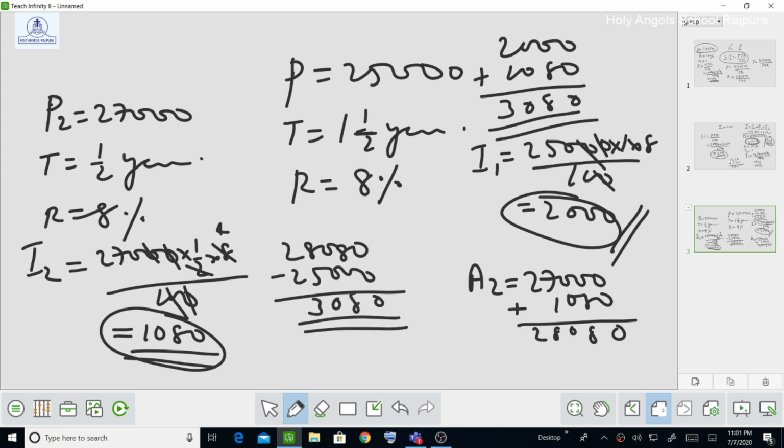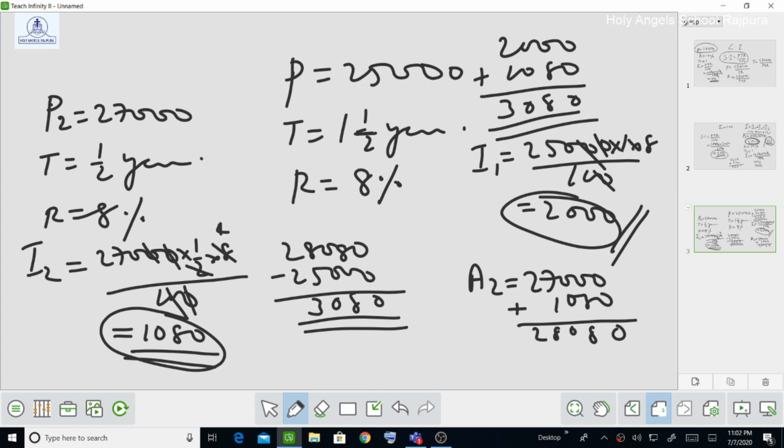You see, both ways give the same result. 3080 is the compound interest. Either you can calculate I1 plus I2, or from the final amount you subtract the original principal and you get the compound interest.